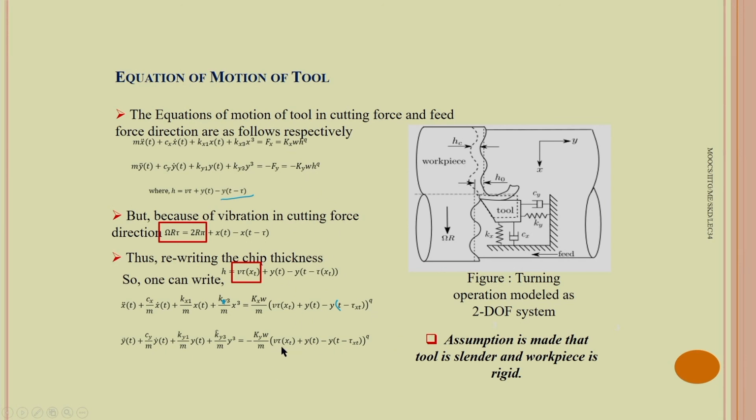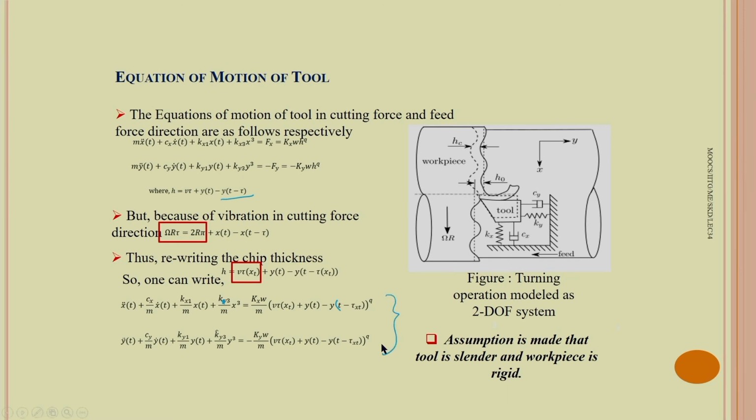So, it will be equal to V tau x(t) plus y(t) minus y(t minus tau) x(t minus tau) to the power q. Here the tool is assumed to be flexible and the workpiece is assumed to be rigid. That is why we got these equations.